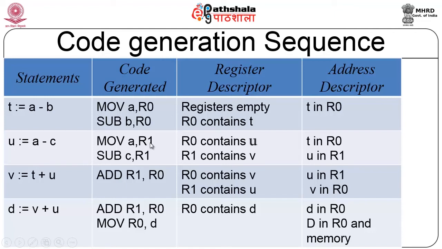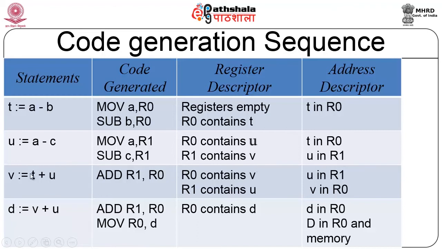Now I have a free register, so this will choose the second option as per the get register function, which is to issue a new register if possible. It is issuing R1, and then I am moving A comma R1 and subtracting C comma R1. So the result will now be in R1. R1 contains U and U is in R1. So this is going to be my situation here.